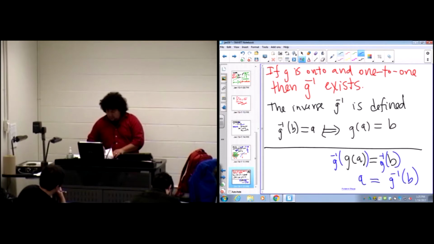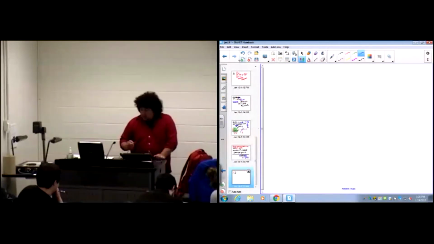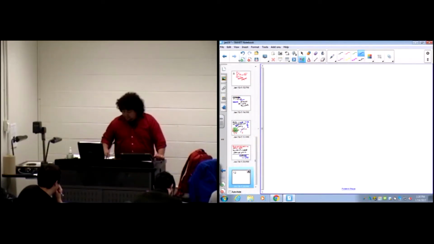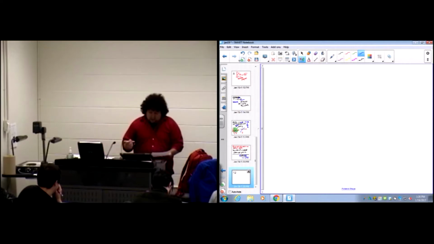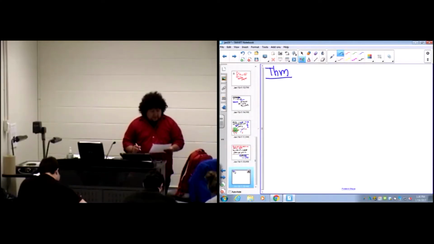Now, one of the theorems that we have from calculus involves inverse functions. There is a theorem that we could state as follows.